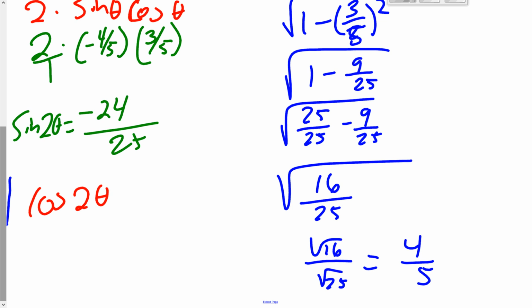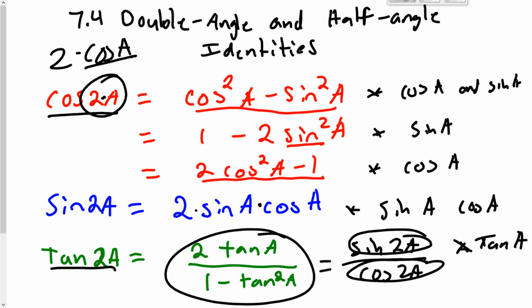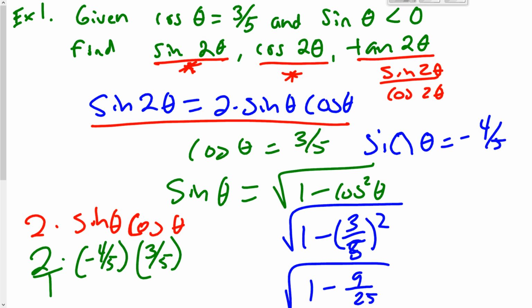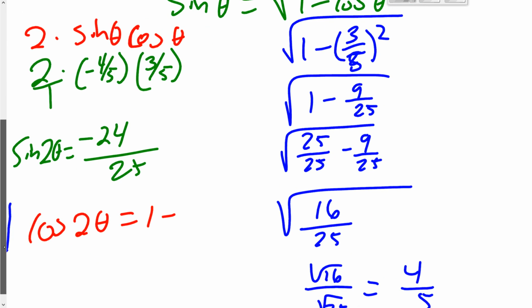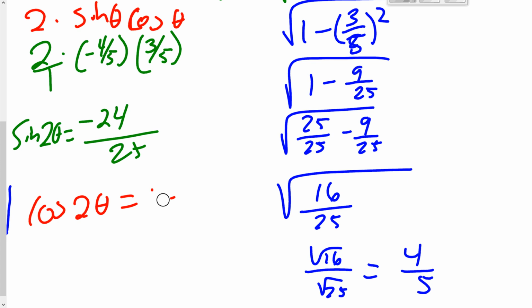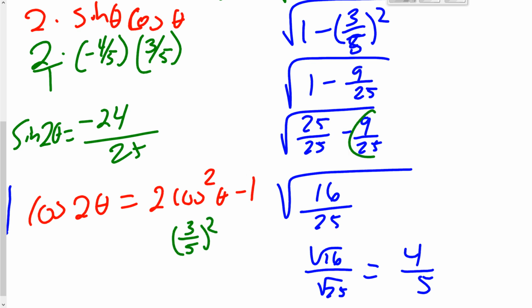So that means we're going to use the 1 minus, or actually it's the other way, right? That one is 2 cosine squared of theta, and then subtract 1 after that. So we know cosine is 3/5, and then we're squaring that, which we did from over here, right? It's 9/25.